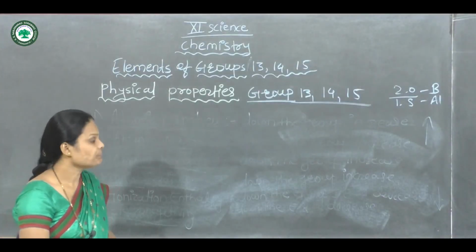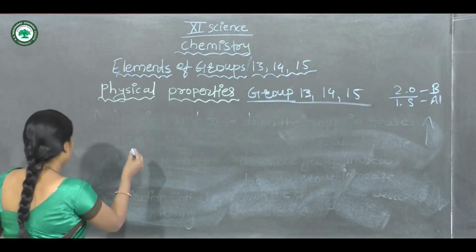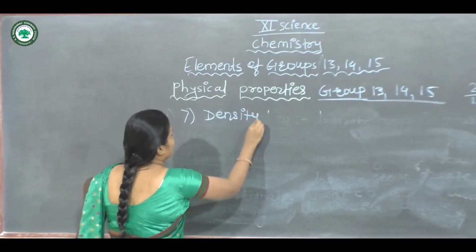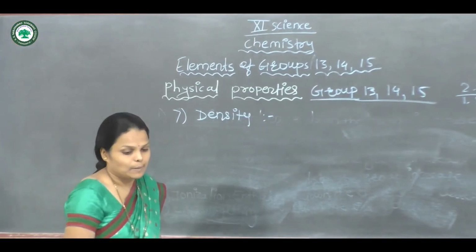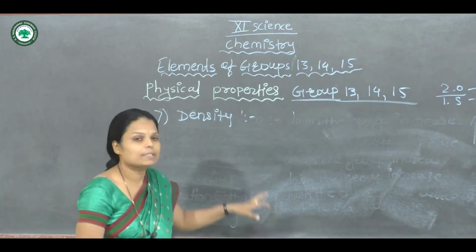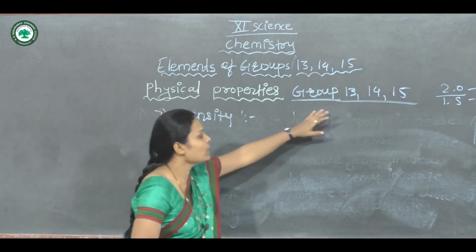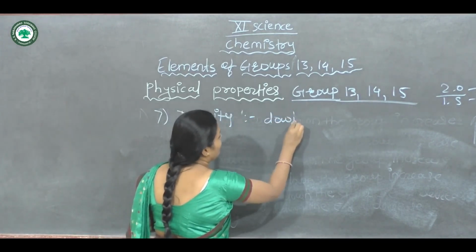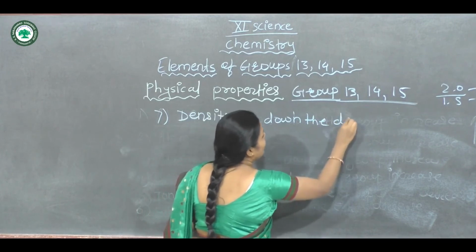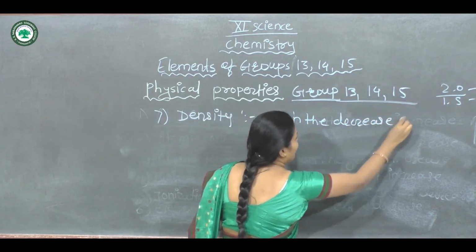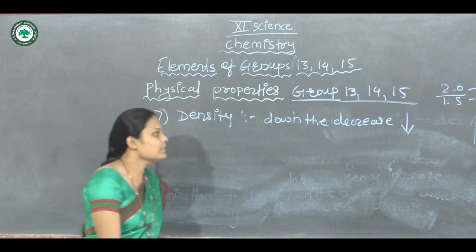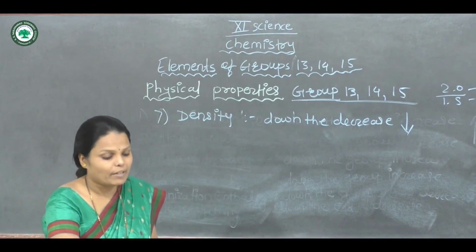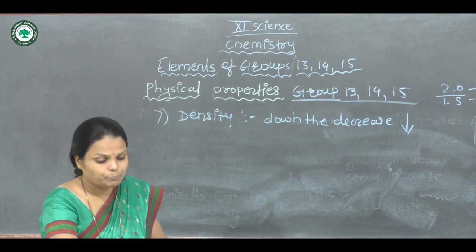Now the remaining properties are here. The next property is density, the 7th property. Down groups 13, 14 and 15, the density is also changing. For group 13, the density of boron is 2.35, then aluminum is 2.70.